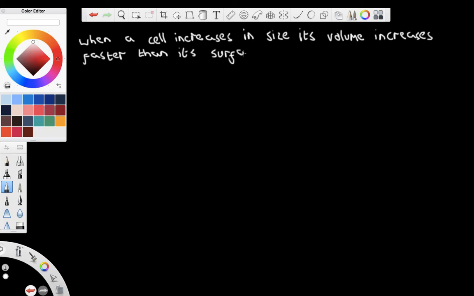Now, if you think about it, the reason we know this is because surface area is only squared, whereas volume is cubed each time.